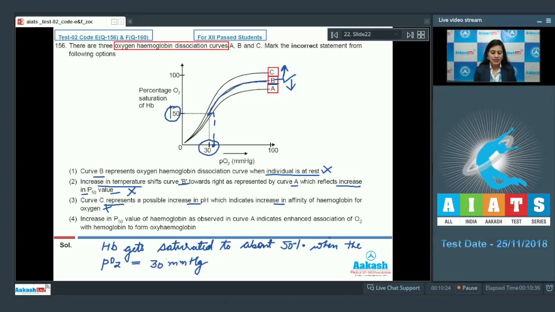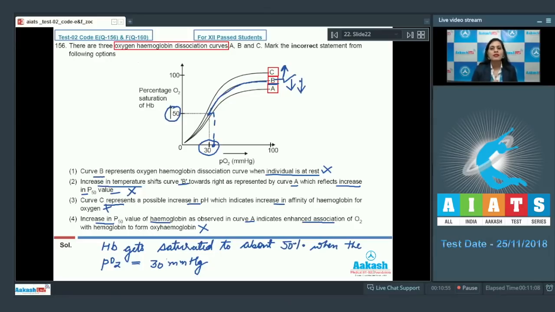Our last statement is increase in P50 value of hemoglobin as observed in curve A indicates enhanced association of O2 with hemoglobin to form oxyhemoglobin, and this is an incorrect option because, as we have already discussed, this shift in curve from B to A could be caused by an increase in temperature or decrease in pH, that is acidic conditions, or many other factors associated with decrease in affinity of hemoglobin towards oxygen.